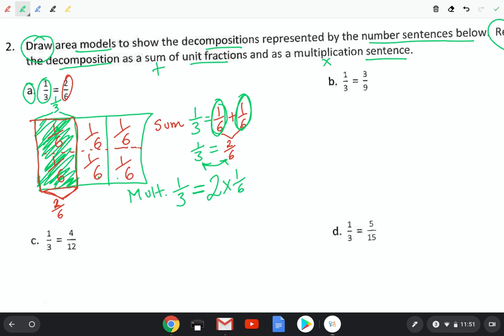And I know that if I only focus on the multiplication part of this equation, 2 times 1 is 2, and then invisible 1 times 6 is 6. So this all works. 1/3 is the same as 2 times 1/6, which means 2/6. So I can say 1/3 equals 2/6, which is what we are modeling or representing here with the area model. Okay, and that's it.